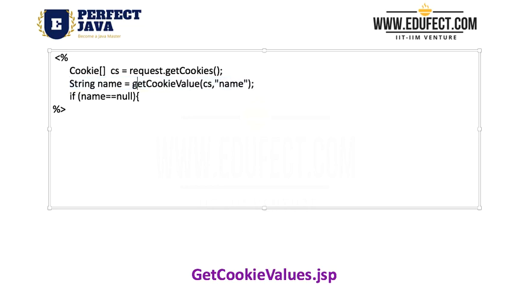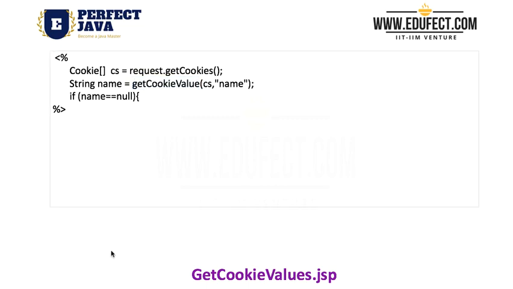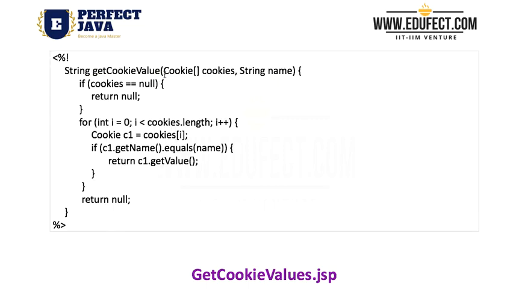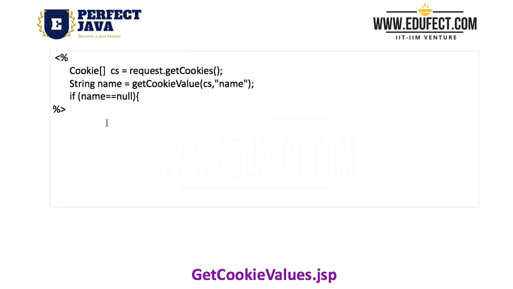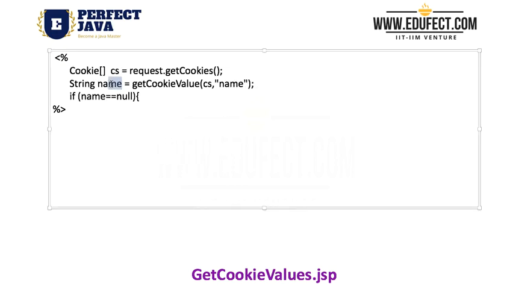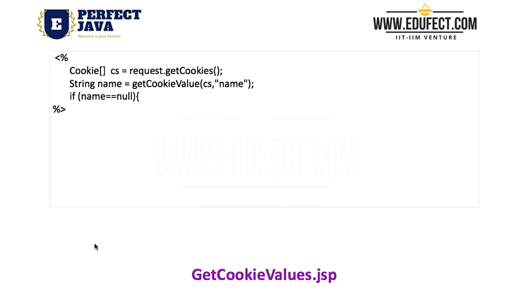This is the function we had defined earlier on the previous screen, getCookieValue, with the two parameters, a cookie array and a string. Here we are calling it and getting the value in the field name.